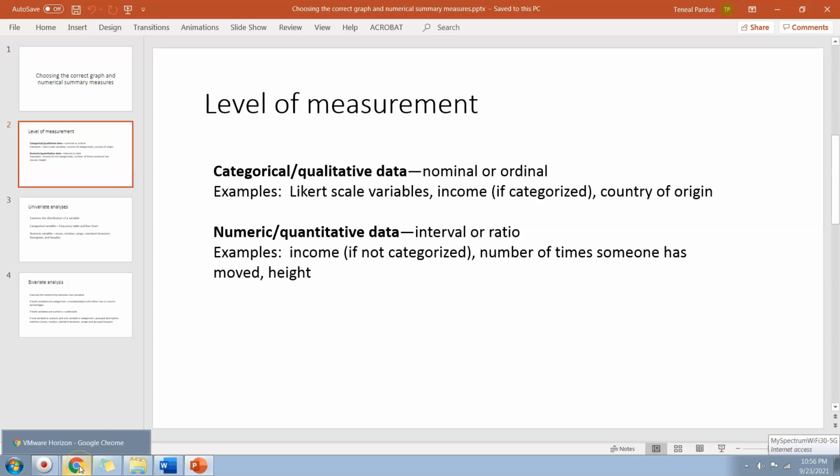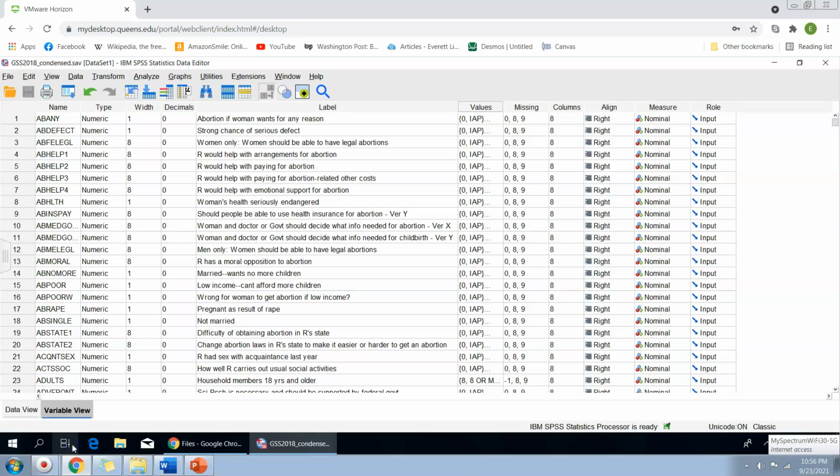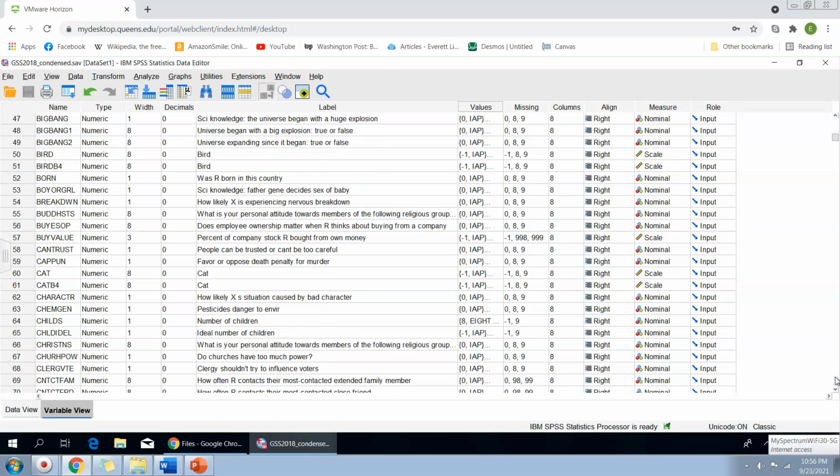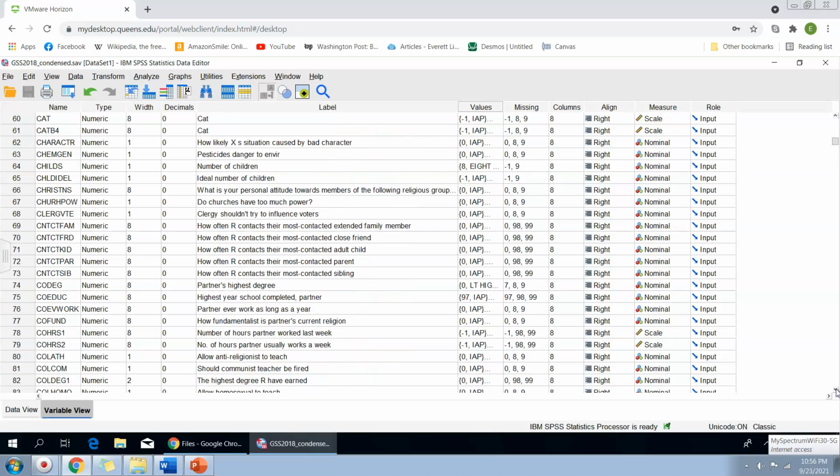Now, how can you tell based on looking at variables in SPSS? Well, we're looking here at variable view. So let's pick a variable, and I'm going to pick one I don't think you would probably pick: how often the respondent contacts their most contacted parent.